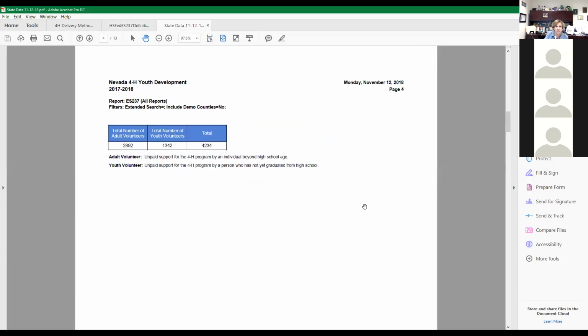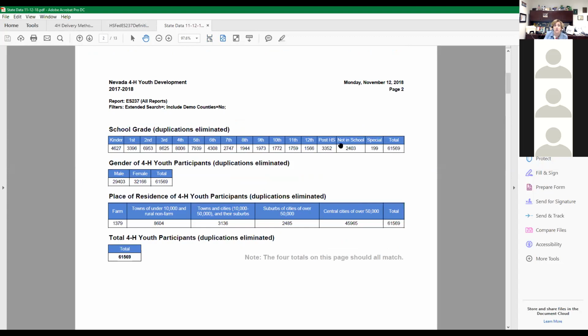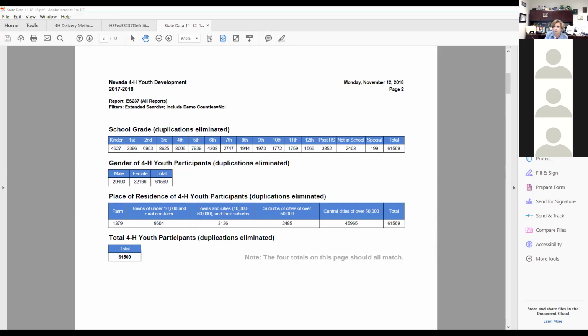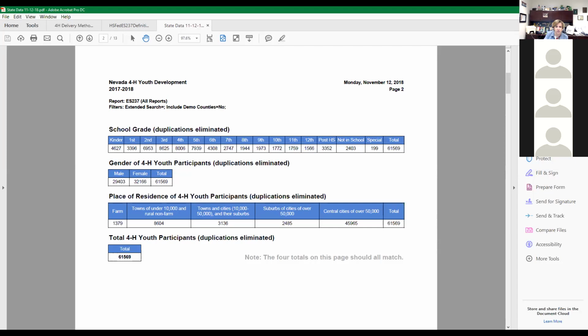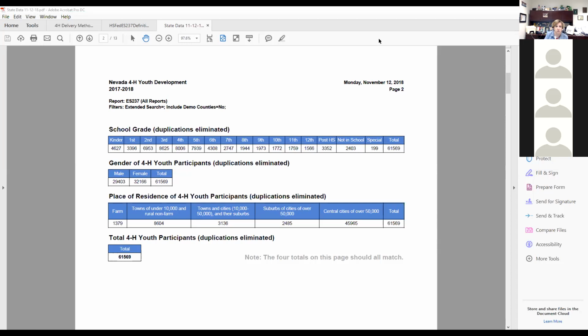I don't know if you guys can see this, but it is post-high school, not in school, and special. Are you guys able to see this ES 237 report? Okay. Well, you can see those numbers.